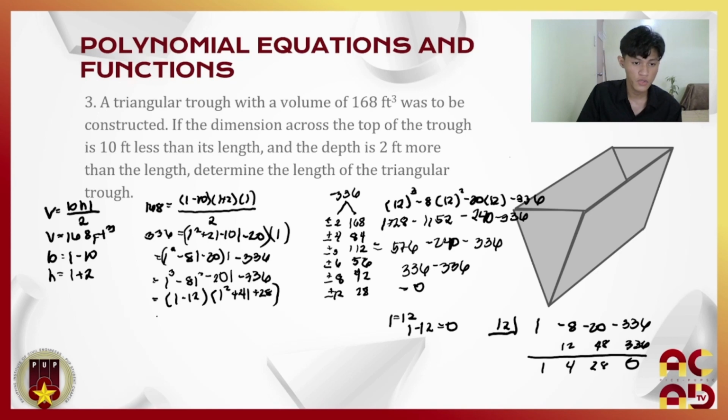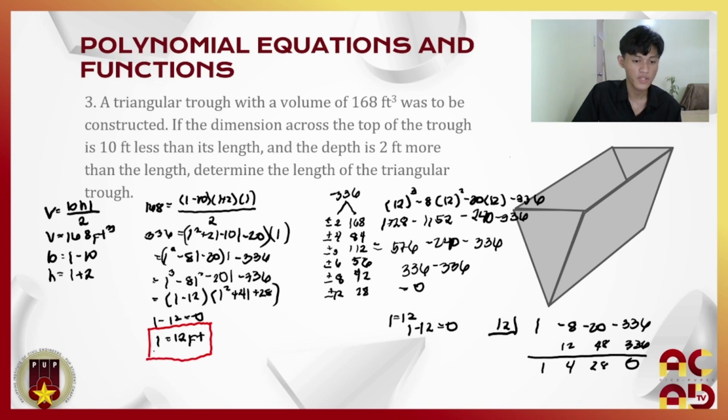So we can conclude na ang L natin, so equate na natin sa 0 tong L minus 12, na ang L natin ay 12 feet. Since kapag further factor natin to gamit quadratic formula, I think magkakaroon tayo ng imaginary or radical sign na magkakos ng more complex answer. So dito na lang tayo sa ating 12 feet.